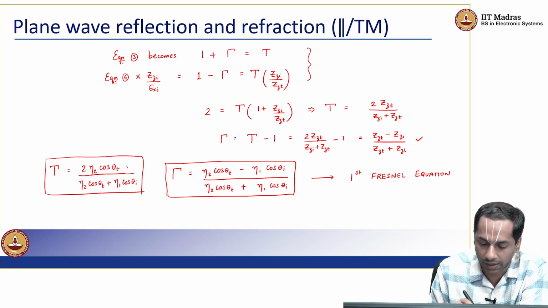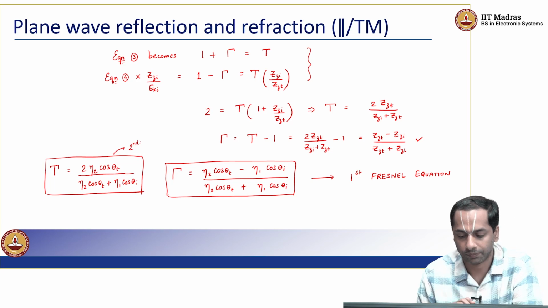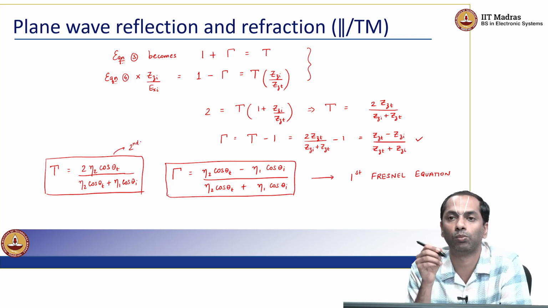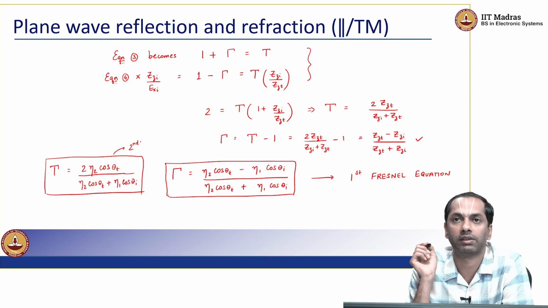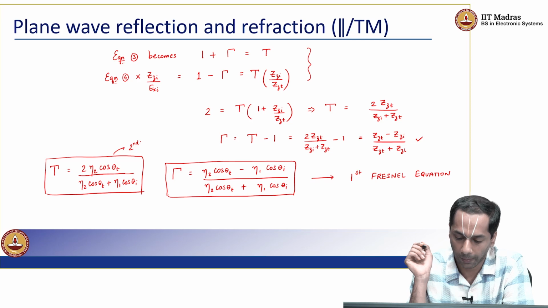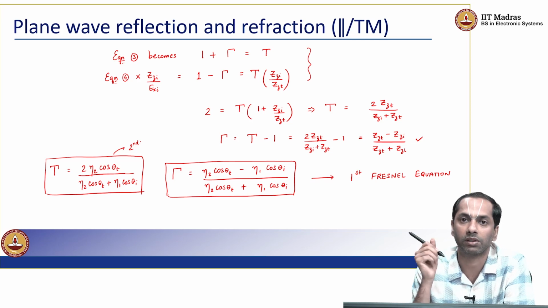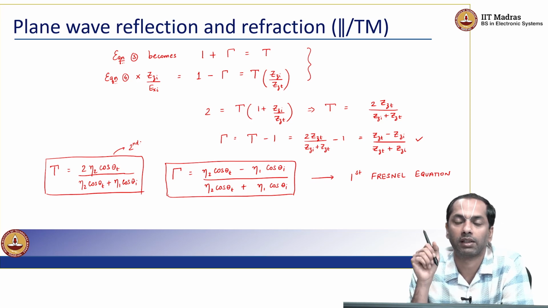So, this is my second Fresnel equation. Okay. So, we will have 2 more such relations for the next case, which is the perpendicular polarization, okay, where the electric field now is perpendicular and the magnetic field is in the plane of incidence. Okay.